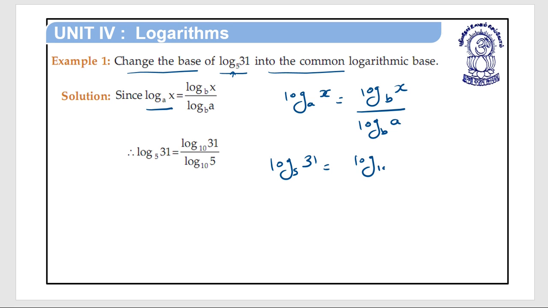So b is 10, x is 31. So the answer is log 31 to the base 10 divided by log 5 to the base 10.